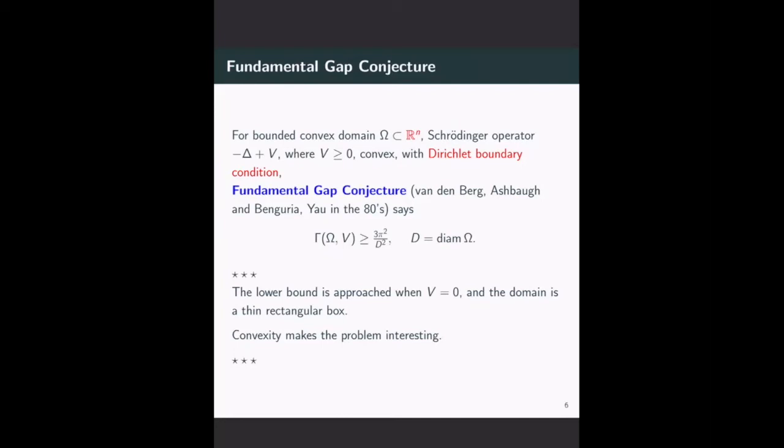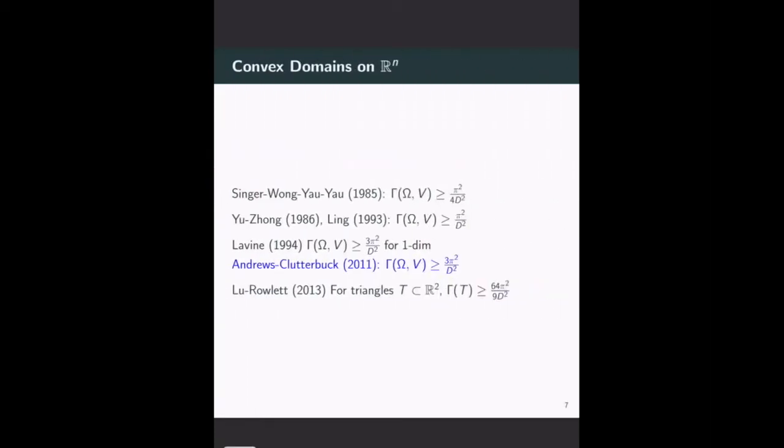And I said the convexity makes the problem interesting. I will talk about that a little later. So it was a conjecture that has been standing for a while. Here was the progress in Rn. They first proved it's pi square over 4d square and pi square over d square for potential. Then they did it in one dimension.